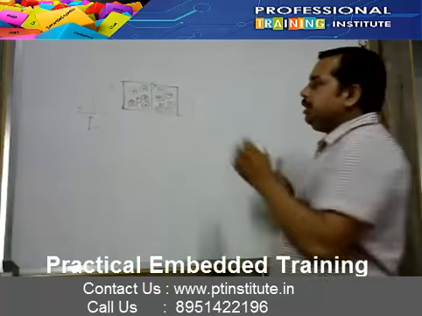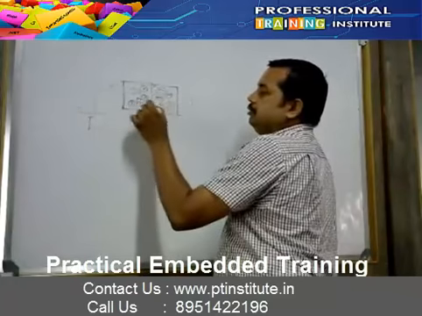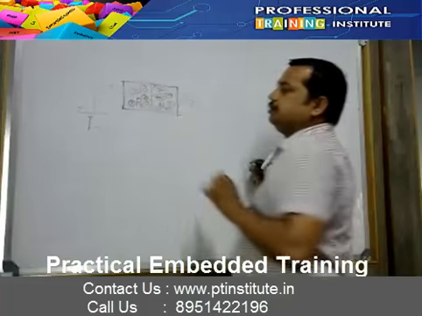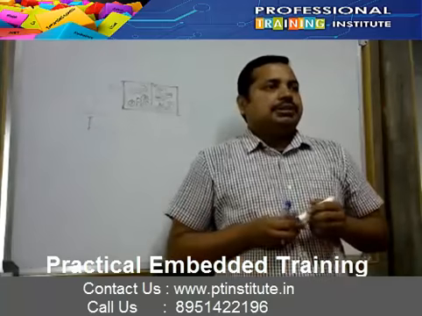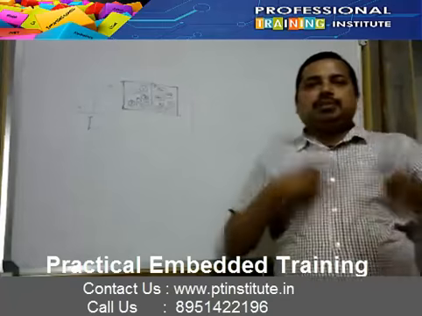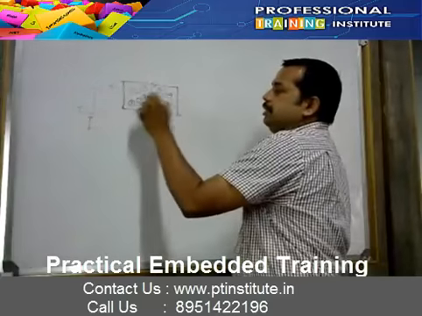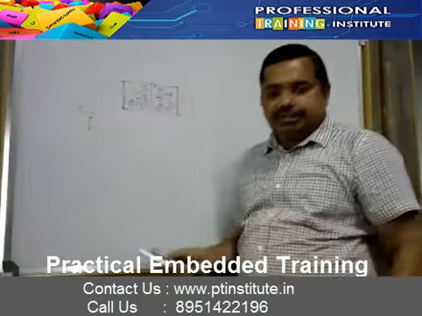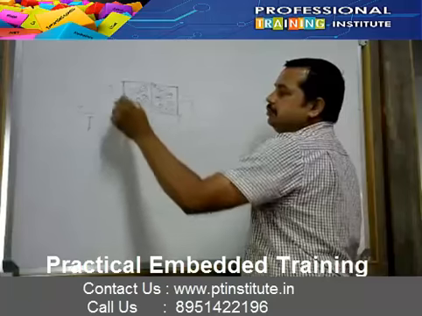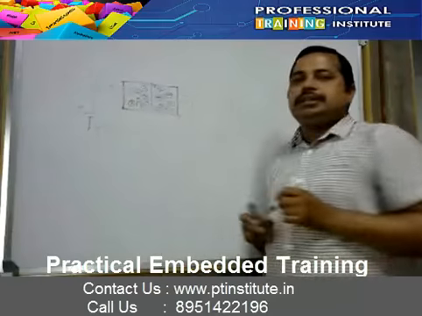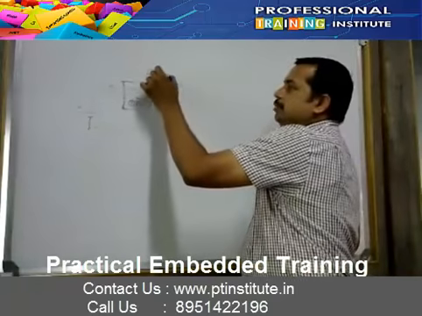So ultimately all electrons move in this direction and all holes move in this direction. Normally we say the current is opposite to the flow of electrons. So my electrons are flowing in this direction, and my current will be established in this direction. This condition we call the forward bias of the diode.